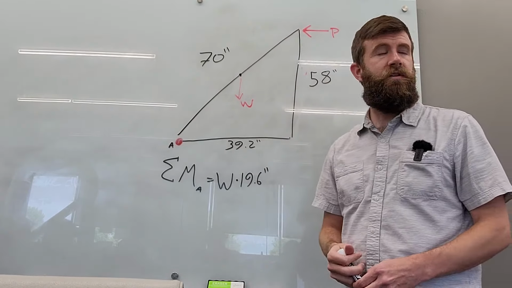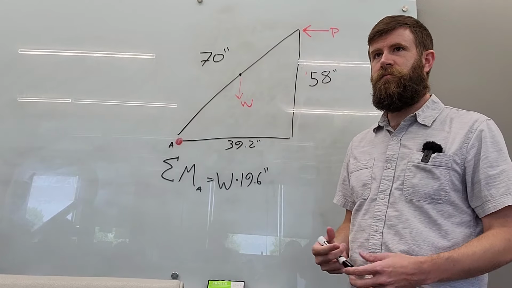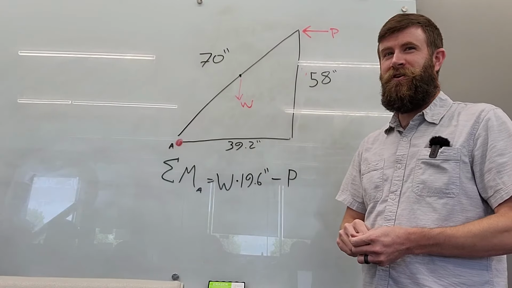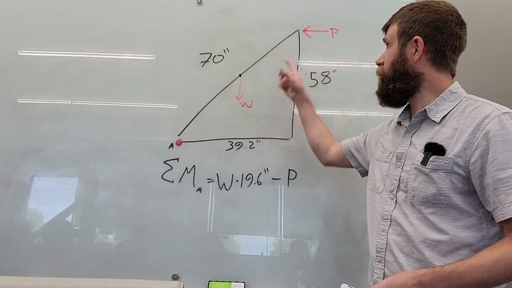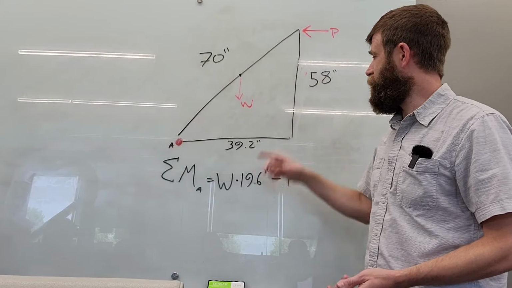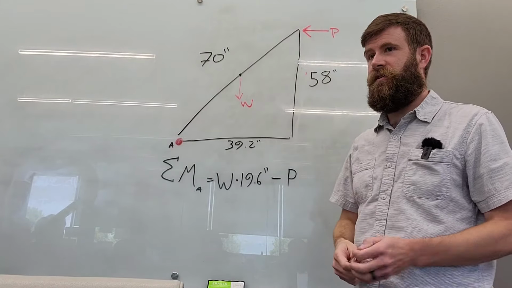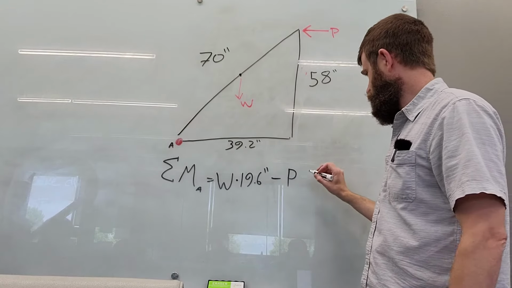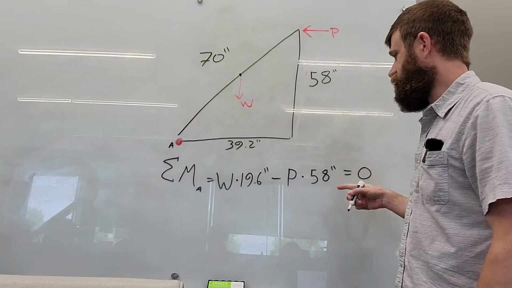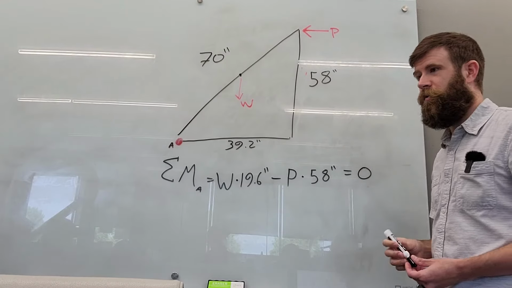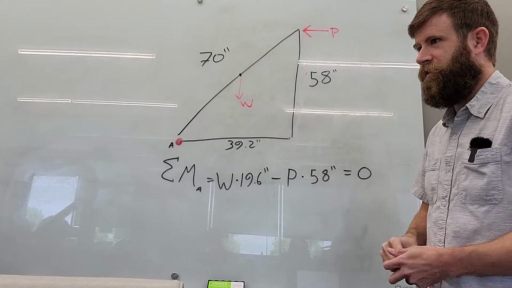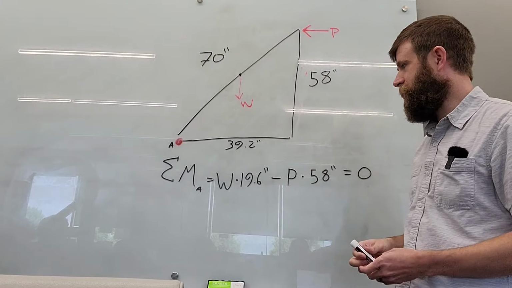And what's the moment in the negative direction or counterclockwise? What force? The push. What's the lever arm distance from our point? The perpendicular distance from our point to that point. 58 inches. Yep. And this equals 0 because there's no motion, no acceleration, specifically no rotational acceleration.